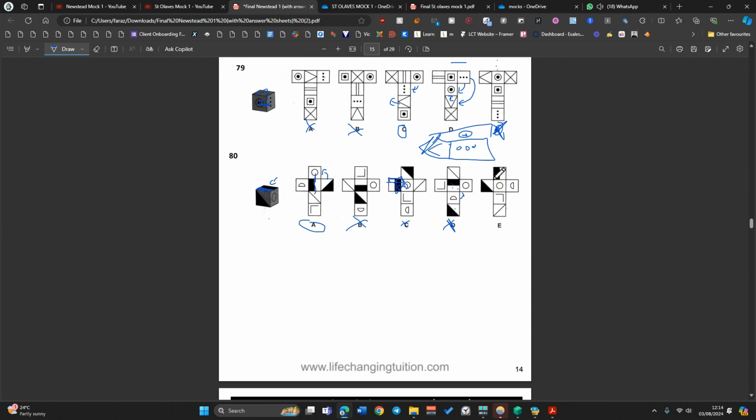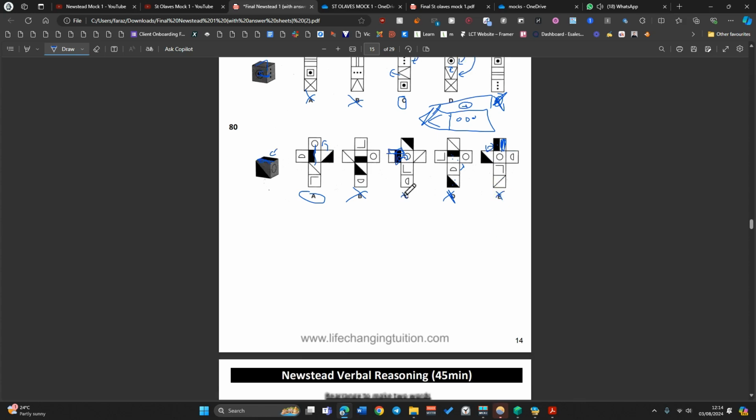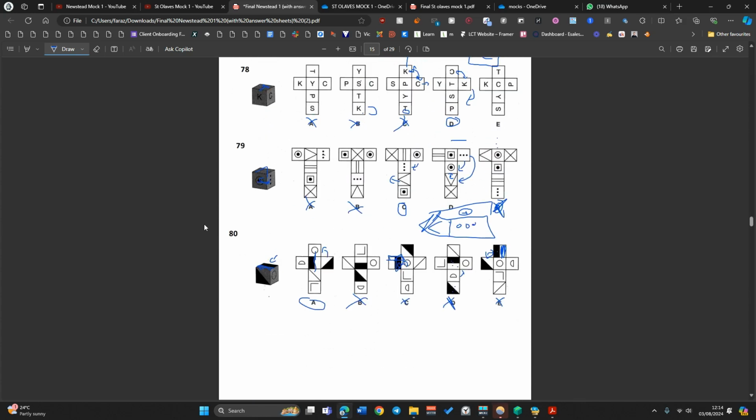So this one, again, similar option. These are going to join here, but the black should be on the right, rather than on the bottom left, right? So that is the cube section.